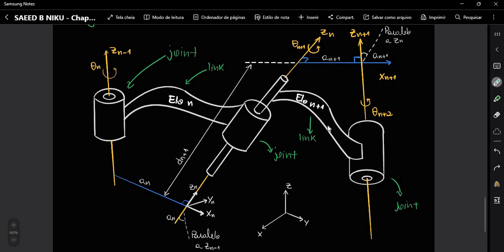We are naming these links also. So we are naming this link as link n and this one as link n plus 1.